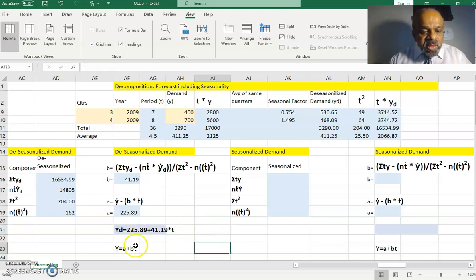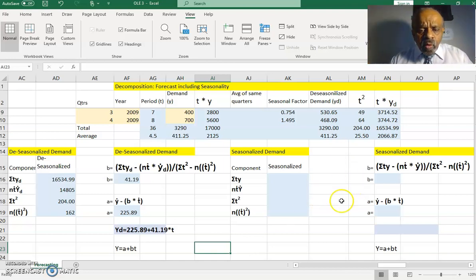I can use this equation and plug in the values of T for the next periods, which are 9, 10, 11 and 12, and I can find the forecast now. See that? This is how we do it.